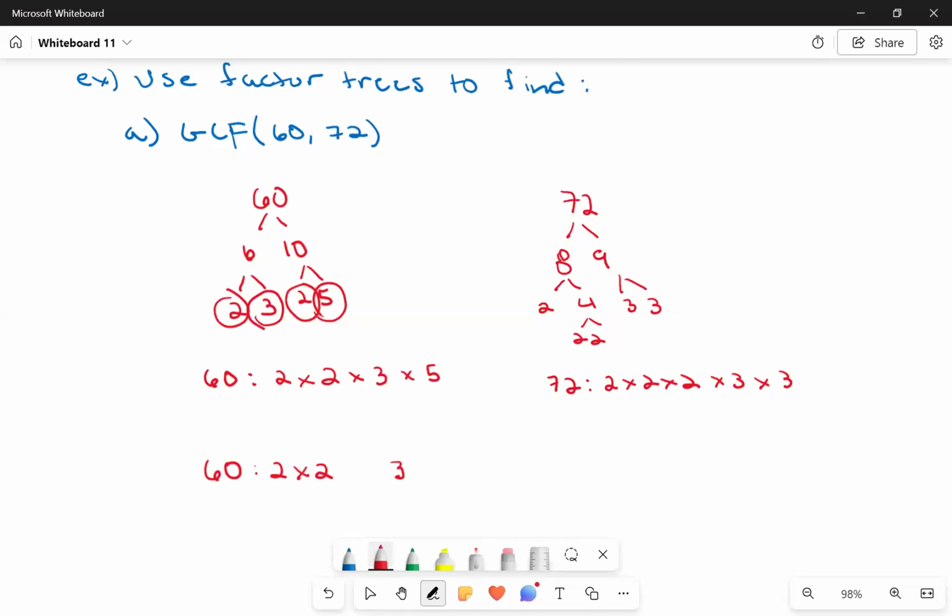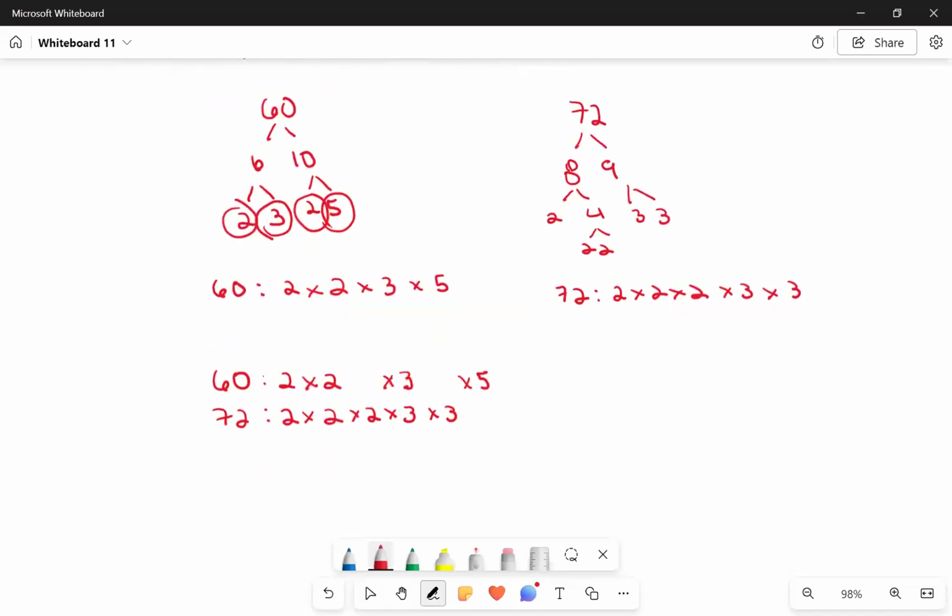A little space. The reason is underneath it, I'm going to write 72, and I'm going to line up what they have in common going in order. So 72 has 2 times 2, but then it has an extra times 2. That's what that space above was for, because there were 3 twos. Then it has 2 threes. So again, the 3s are lining up, but there's an extra 3. And then the 60 has that 5.